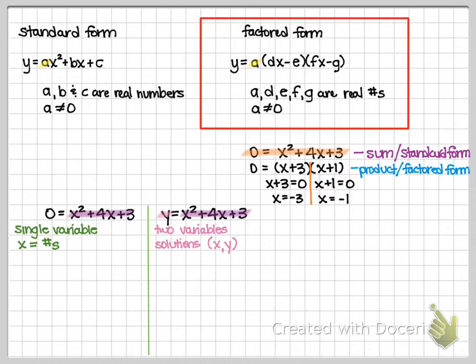Well, I'm going to go back and compare. The only difference between these two equations is the fact that the one on the right has a y equals, and the one on the left has a 0 equals. I want you to think about what would happen if you plug in 0 for y.